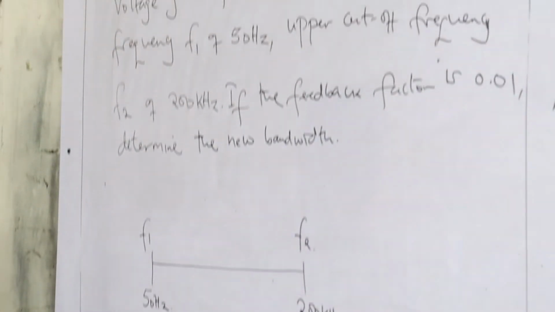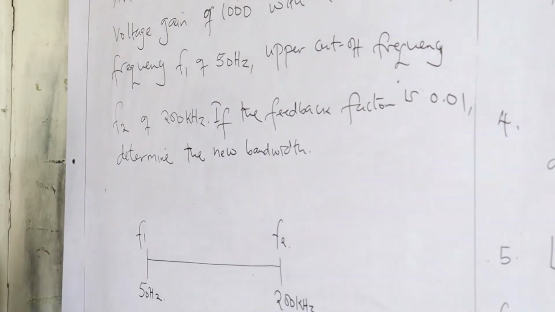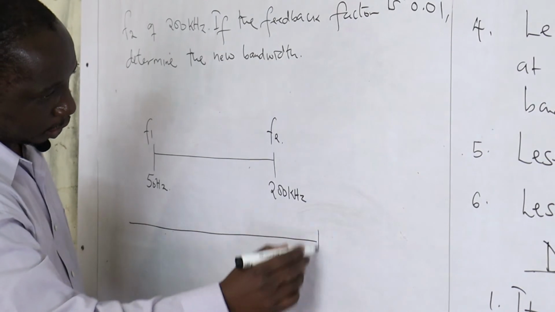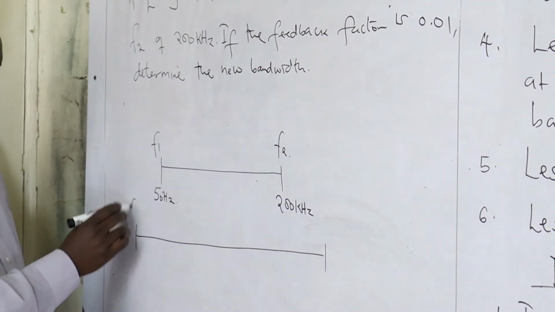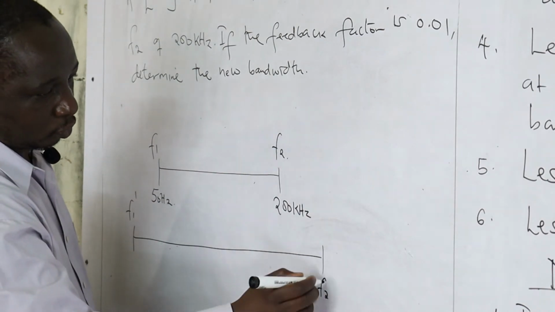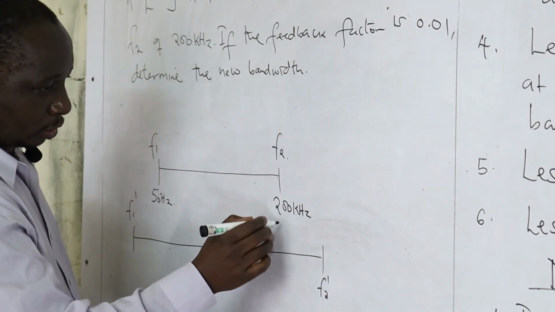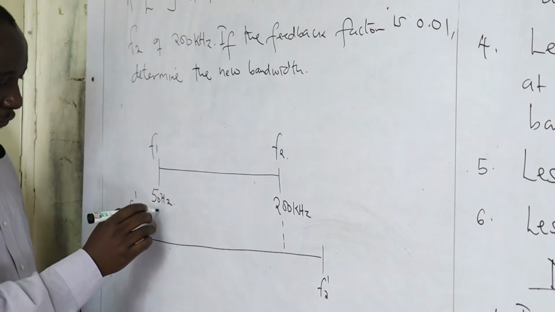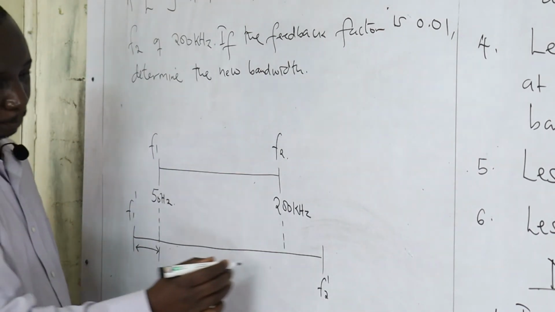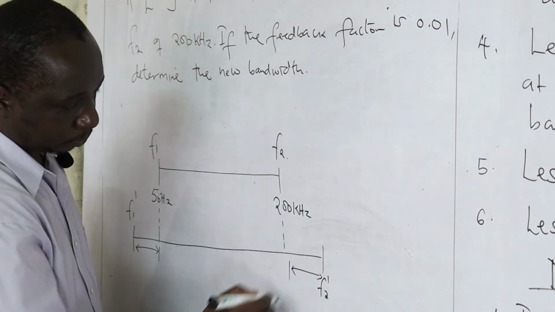With the application of the negative feedback, we expect that our range of frequency will increase to F1 prime and F2 prime.